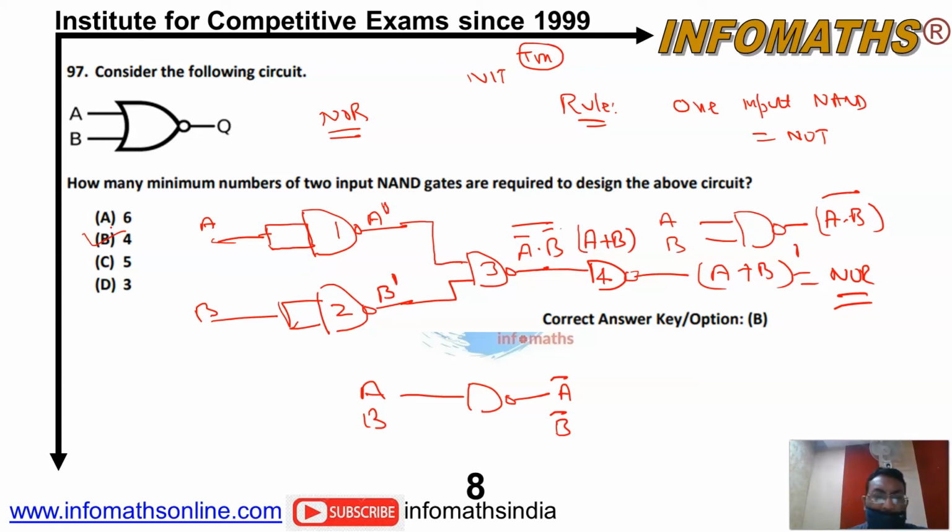Now I give you a table for your future reference that will tell you how many NAND gates can be used to construct which gate. You can note it down for your future reference. Here is the table.